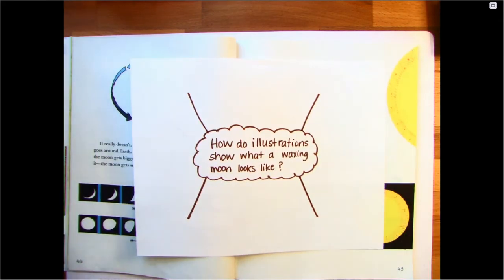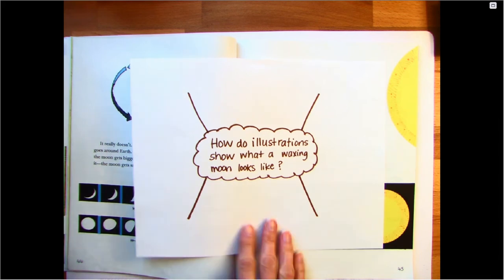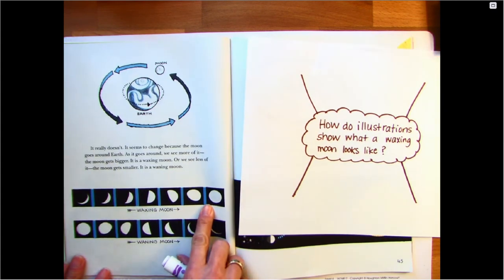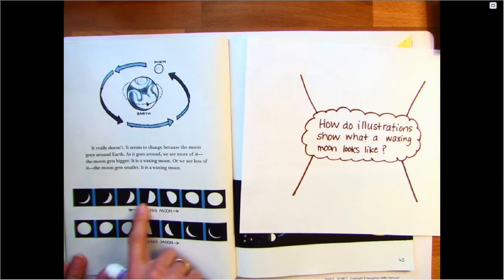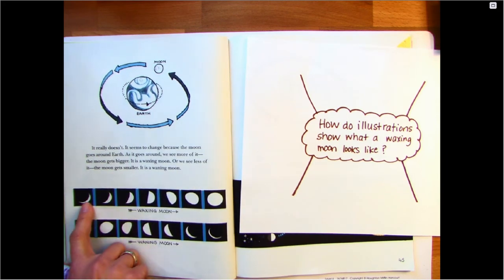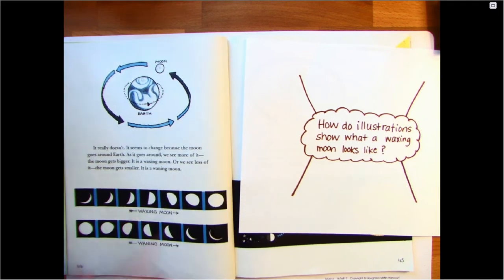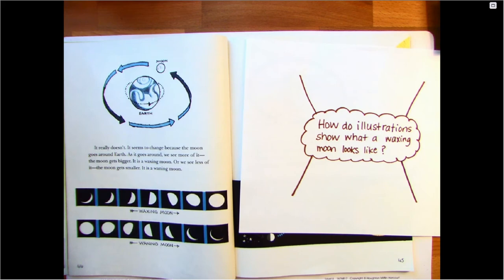This is what I want to try to figure out. How do illustrations show what a waxing moon looks like? Here are our illustrations right here. I want you to be thinking, what does it show us? Well, it shows us the moon from crescent to full. That's what the illustration shows us about a waxing moon.